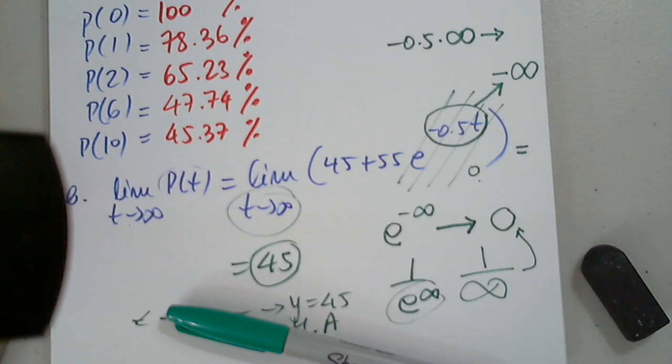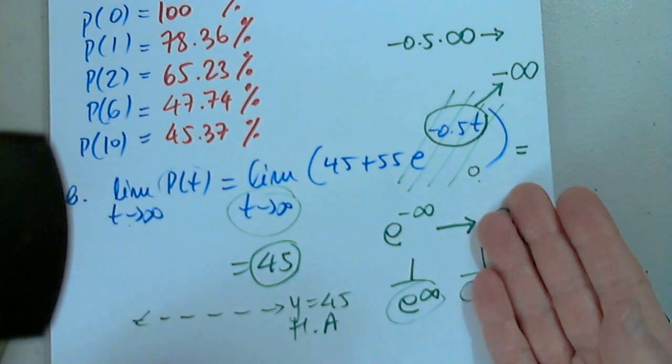So as x increases without bound, we say, the function approaches what? What does it approach? 45. That's it.